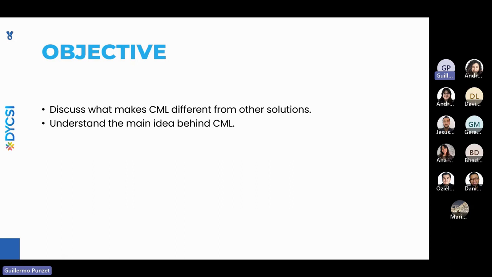The reason for that is that it can actually manage all kinds of loans, not just consumer and mortgage. And we'll try to also understand what's the driving idea at the heart of CML that makes it so different and so sophisticated compared to other solutions. That's our objective for this webinar.